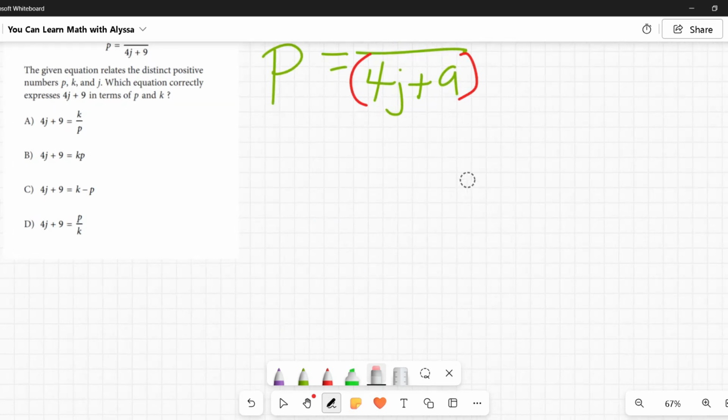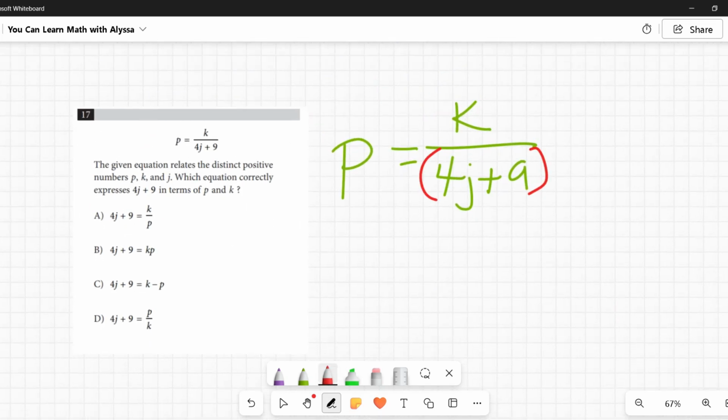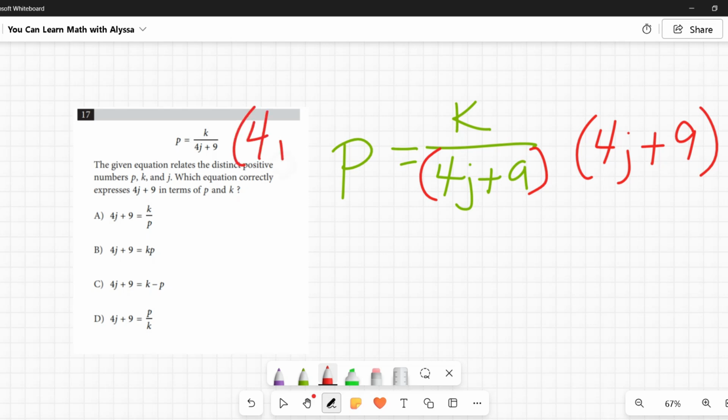So let's do that up here with 4J plus 9. I'm going to multiply both sides by 4J plus 9. I love the ones where it's in the denominator because those tend to throw students off. So then on the left, I have P times 4J plus 9.